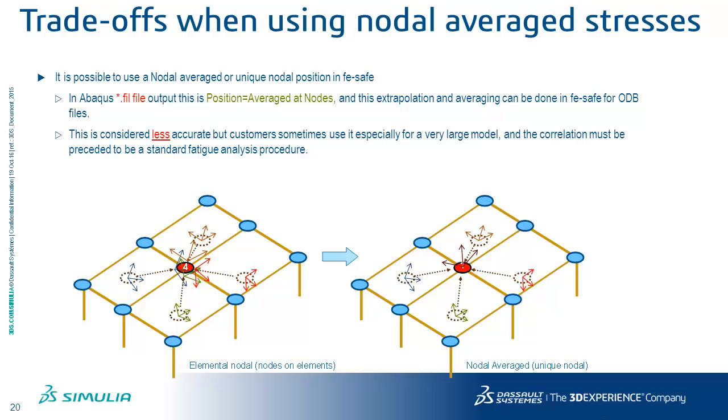If you read in the field file in FE-Safe and store only the average at nodes data, then you cannot select any other options. But if you save the element nodal outputs, then you can select that too. But anyway, if you use position equals to average at nodes to reduce the output file size, you have a trade-off: you may have non-conservative fatigue calculation results.